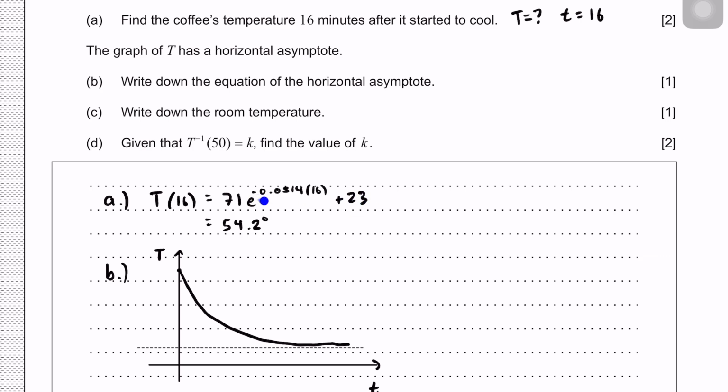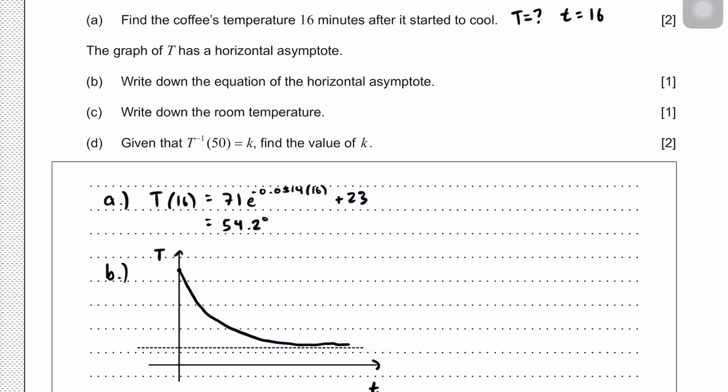Since this is raised to a negative, it's essentially like it's being divided by e. If we have some value and it's being divided by an increasingly larger value, eventually it's going to disappear. It's like we're taking some value and breaking it up into an infinite number of pieces. Eventually those pieces become so small that they're insignificant.